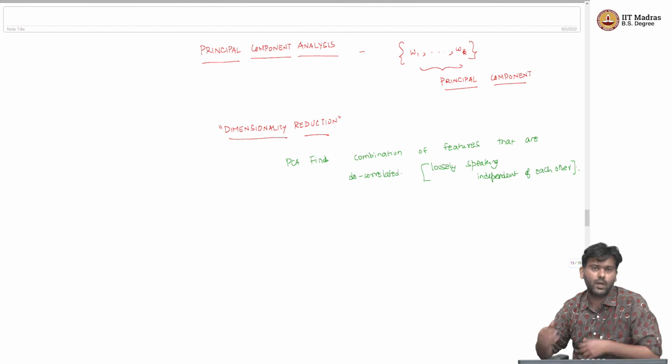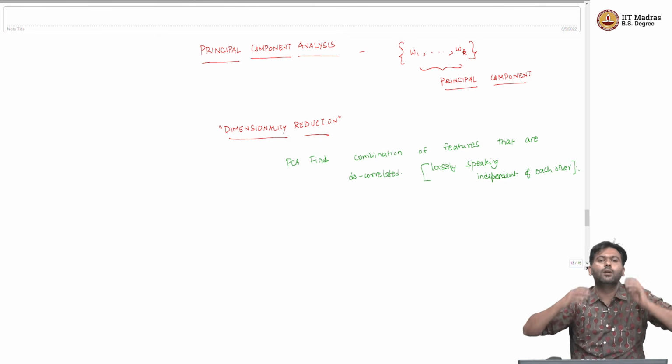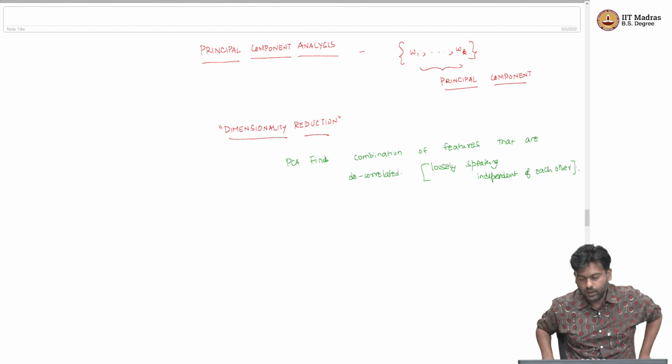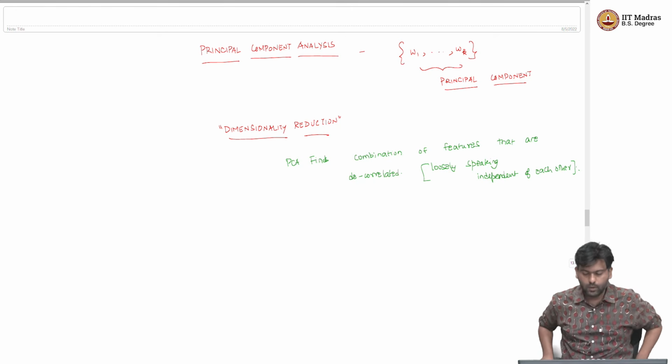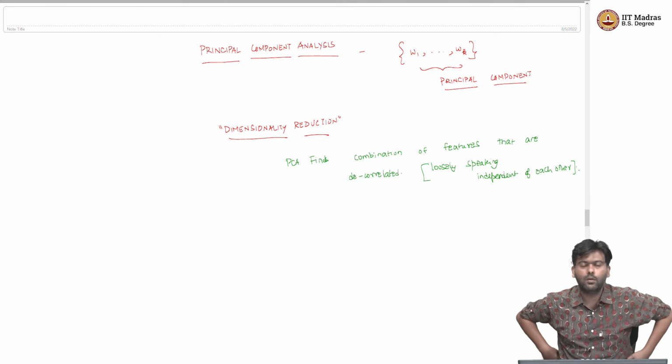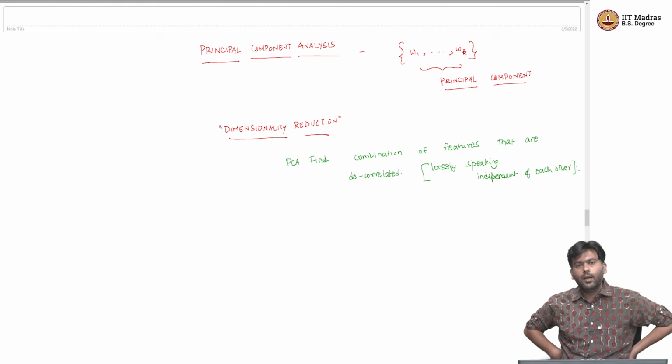So, this is a very fundamental algorithm in data science, in dimensionality reduction and so on, and one of the basic algorithms that we will start with for representation learning.